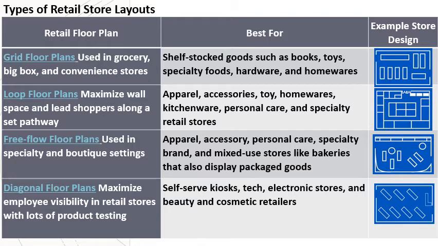The fourth one is diagonal floor plans. They maximize employee visibility in retail stores with lots of product testing. These are best for self-serve kiosks, tech, electronic stores, and beauty and cosmetic retailers, as shown in the diagram on the right hand side.